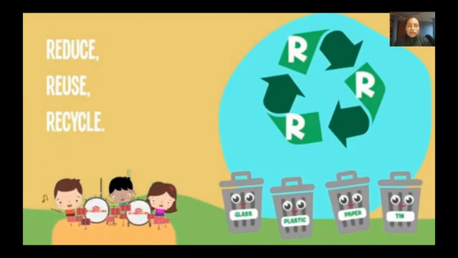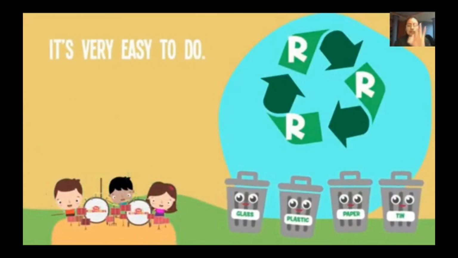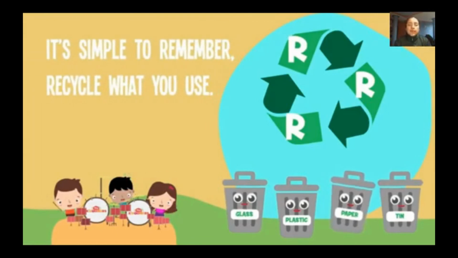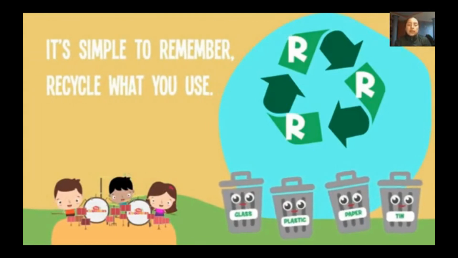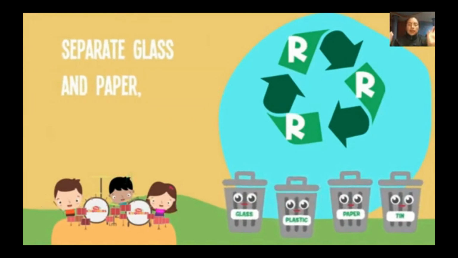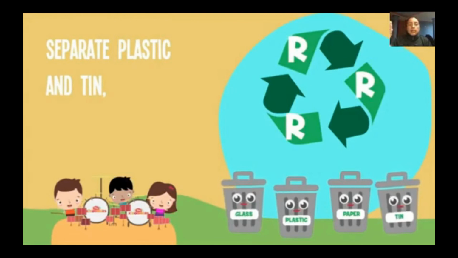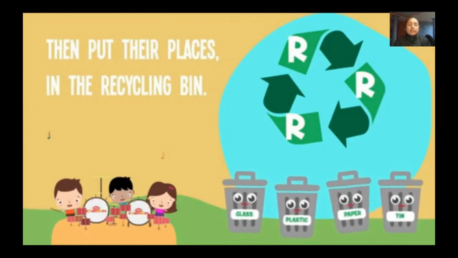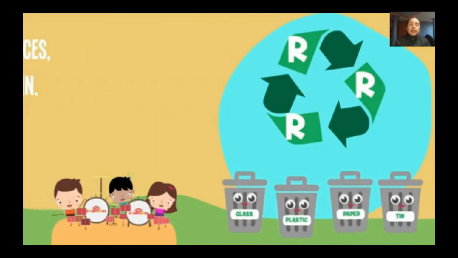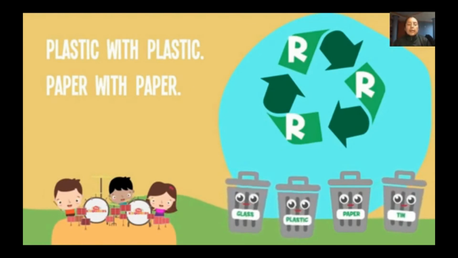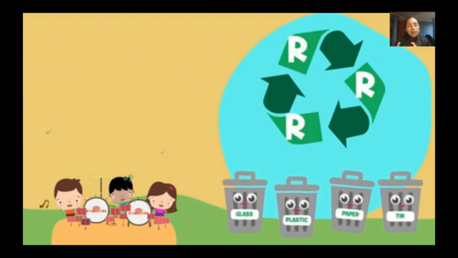Reduce, reuse, recycle. It's very easy to do. It's simple to remember. Recycle what you use. Separate glass and paper. Separate plastic and tin. Then put them in their places in the recycling bin. Sing, cante. Plastic with plastic. Paper with paper.